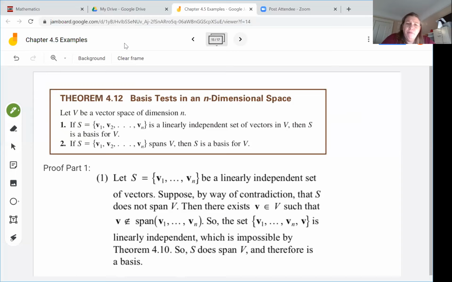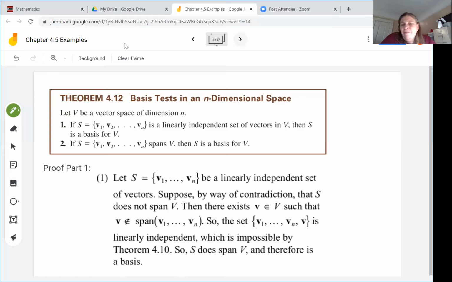So let's look at the proof of part 1. If S is v1 through vn, and it's linearly independent, and it's a set of vectors in V, then suppose by way of contradiction that S does not span V. So this is going to be a proof by contradiction here. Well, then there would be some other vector v in the vector space that's not in the span of those n vectors.